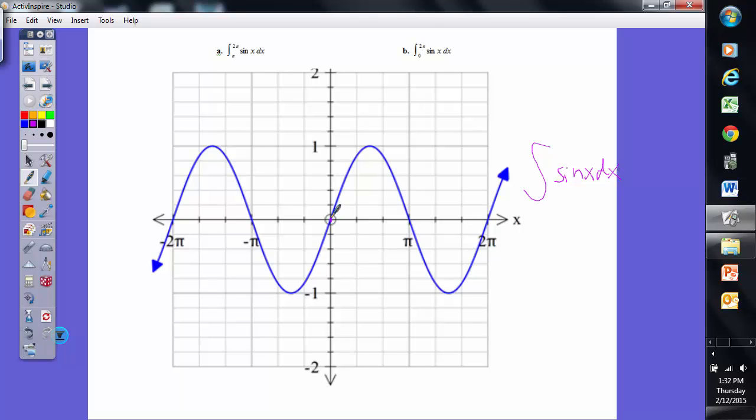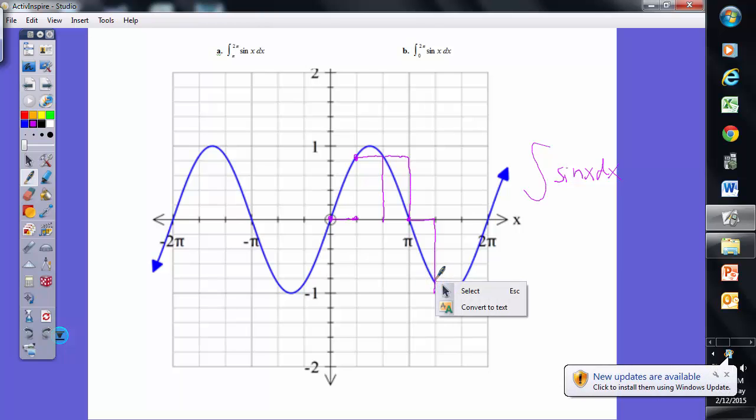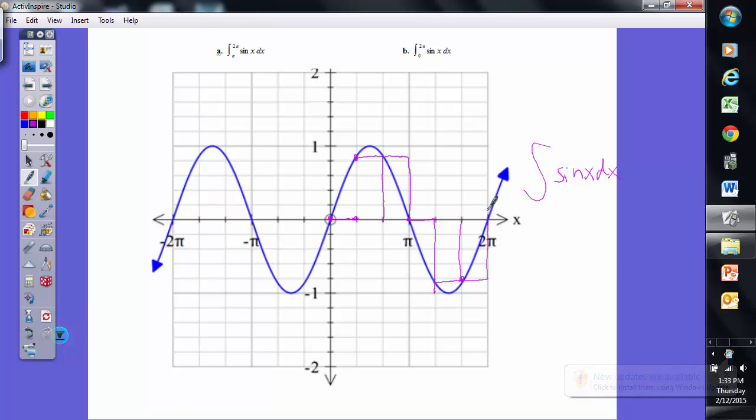If I were to do a left Riemann sum here, like that, and then like that, like that.